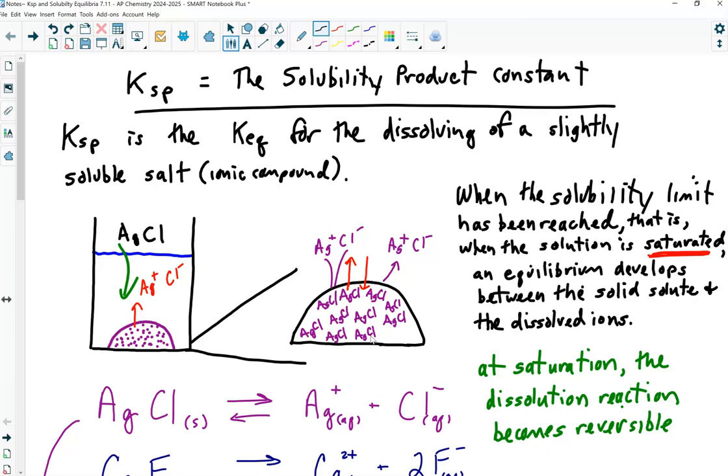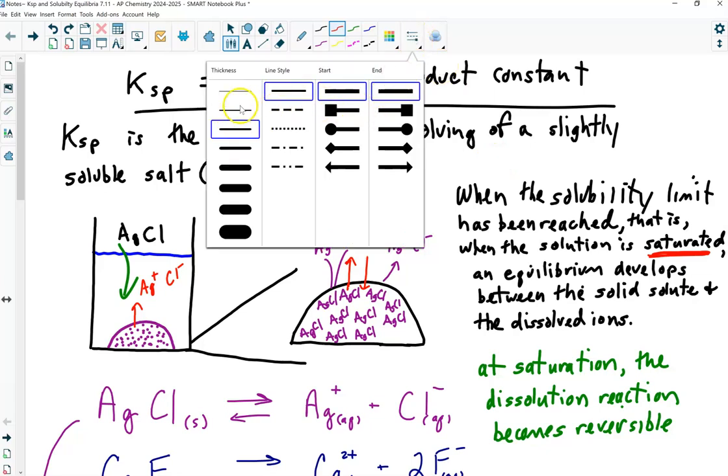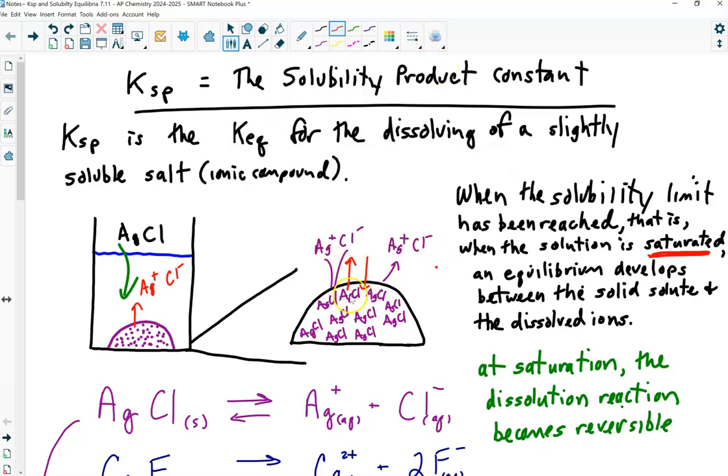But remember, we talked about this way back when we talked about solution chemistry, what ends up happening is you set up an equilibrium, something called a solubility equilibrium, where it's not static. It's going to stop dissolving because it's reached its solubility limit, but it's a dynamic process. You set up an equilibrium.